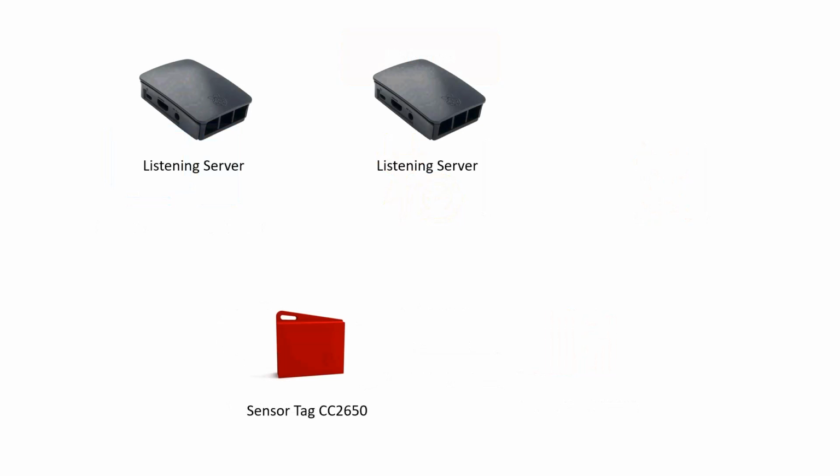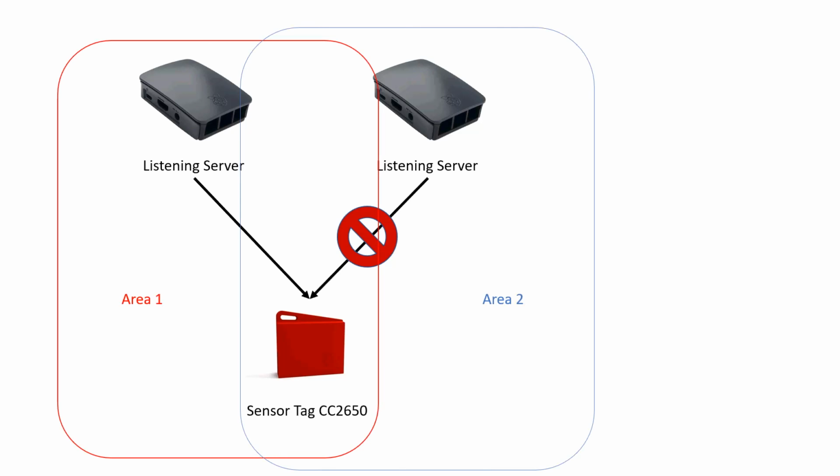There can only be one listening server connected to the sensor tag at a time. But there are multiple listening servers covering different areas, giving a wide coverage area. There is a special listening server called the main listening server.